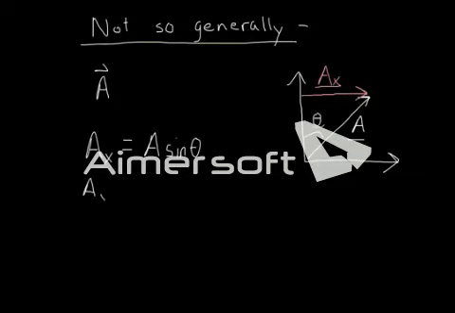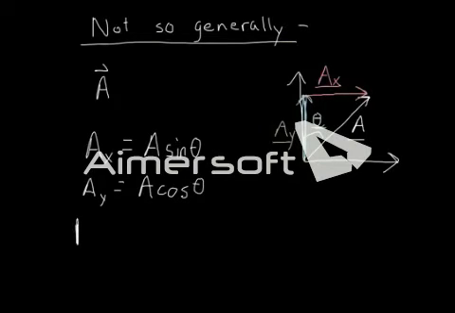Ay, the y side, let's draw it in. Our Ay component of our vector, and we can very clearly see that Ay is adjacent to my theta. The adjacent trig function is going to be cosine. So Ay in this case is A times cosine of theta.